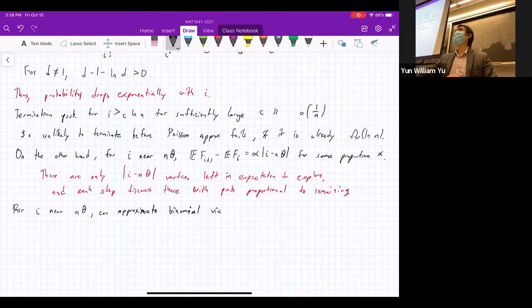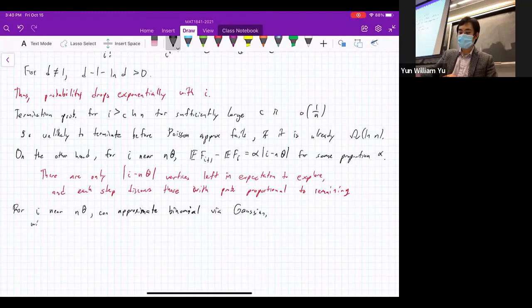What's your favorite approximation of the binomial? Yes, Gaussian. No, I'm serious. That is the correct answer. Because when you have a binomial, if you flip the Bernoulli random variables enough times, it looks vaguely Gaussian, right? So central limit theorem and all. And so we can approximate it by a Gaussian.